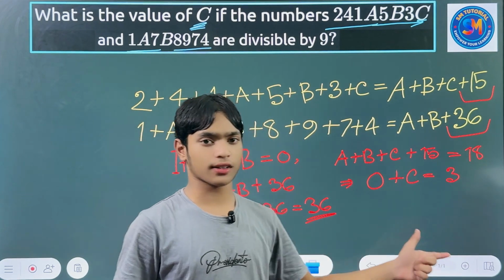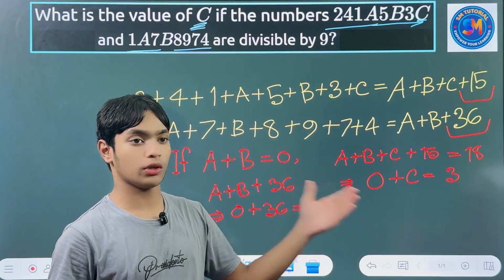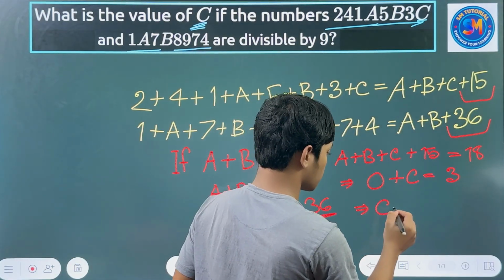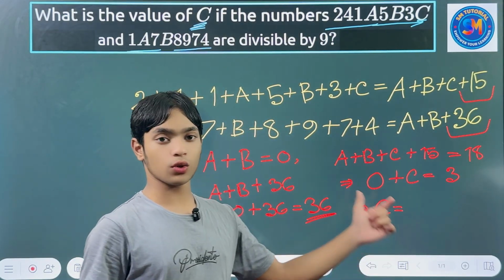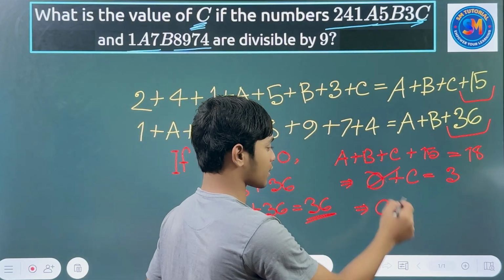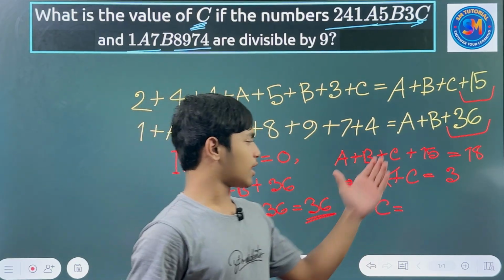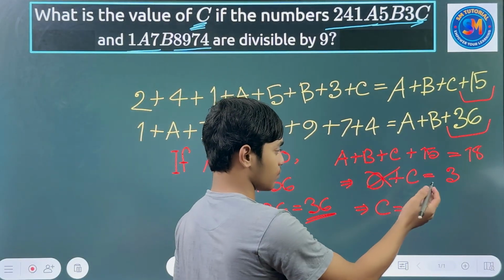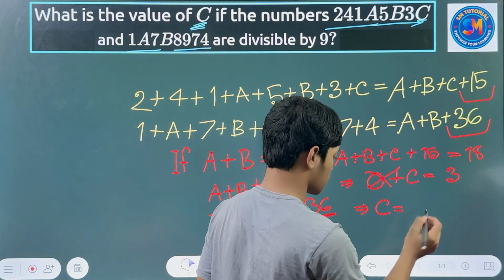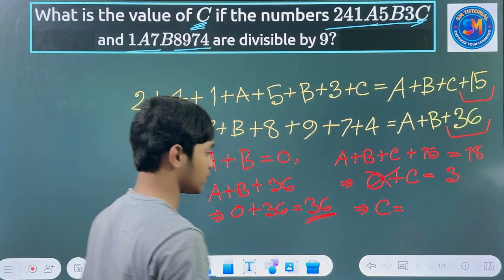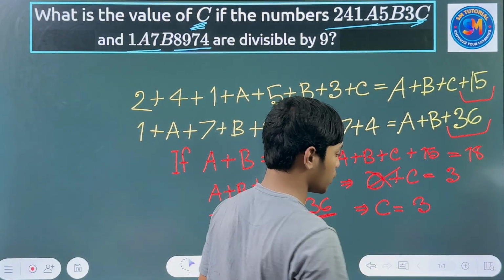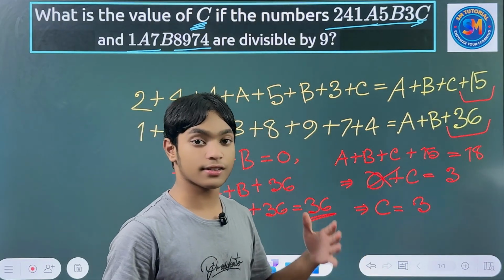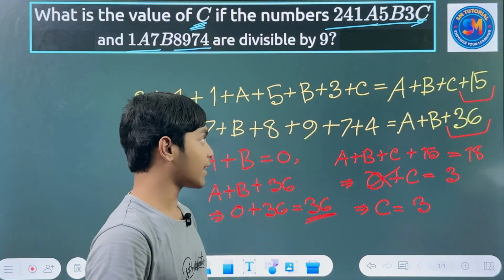So c equals 3, because the 0 cancels. If you transfer that from that place, you get the same thing. So finally, we got that c equals 3 is our final answer.